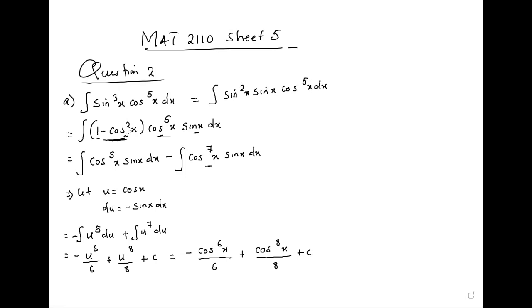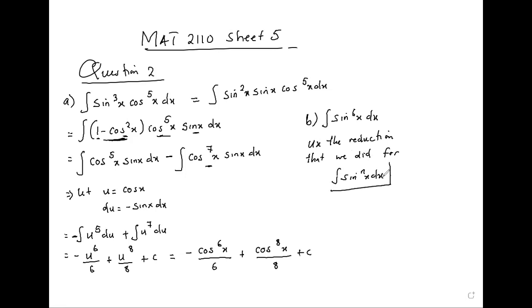And then for b, it is the integral of sine 6x dx. So use the reduction that we did for sine nx dx.